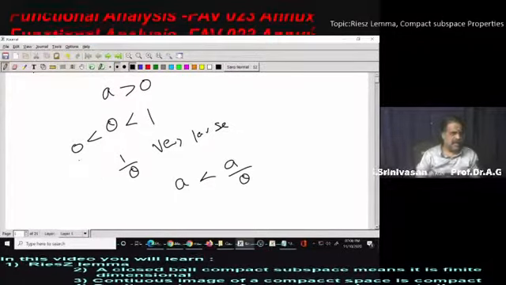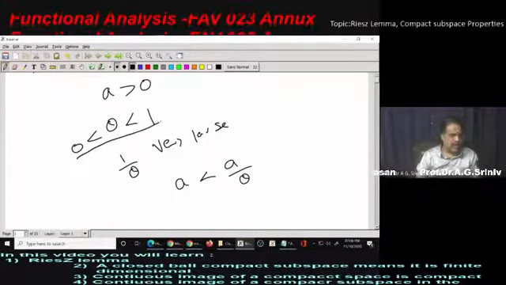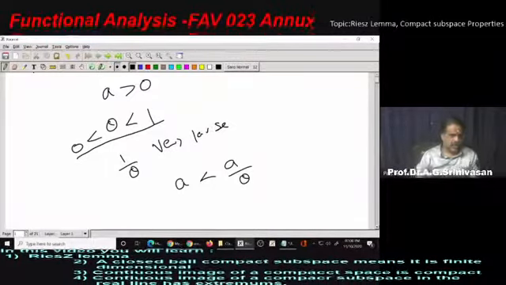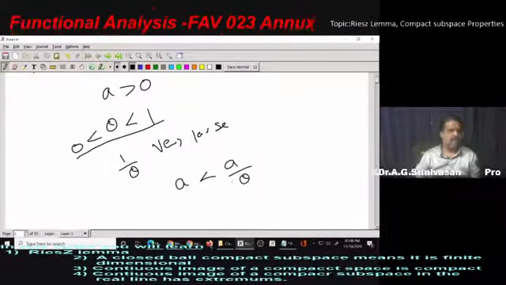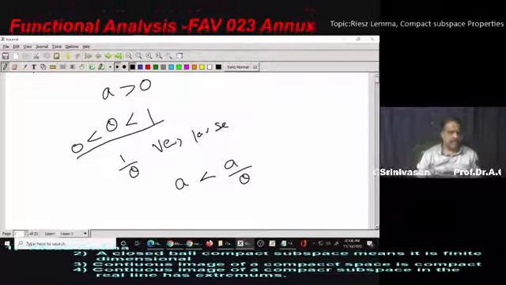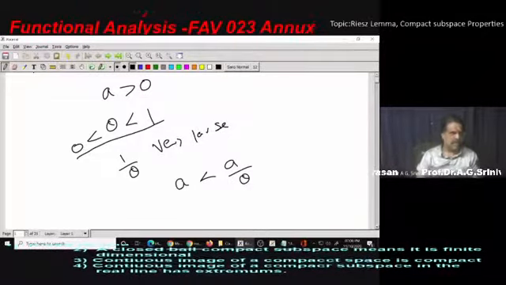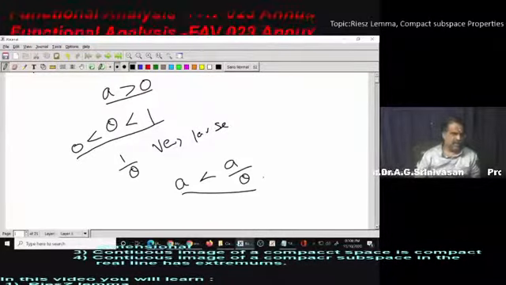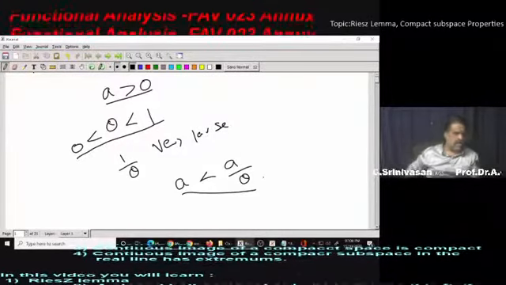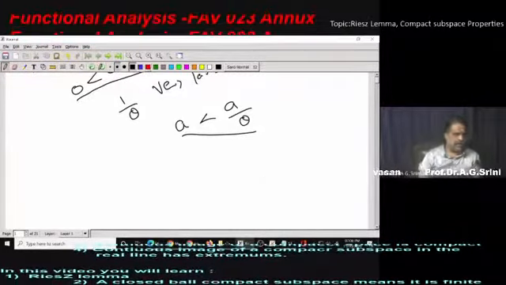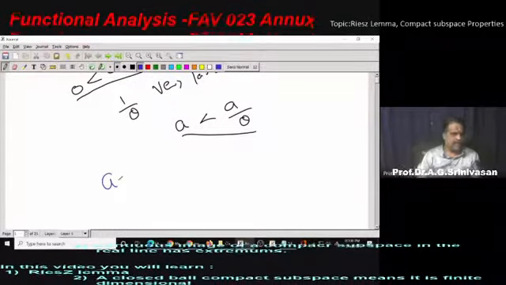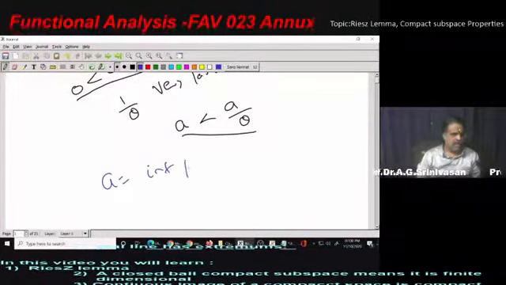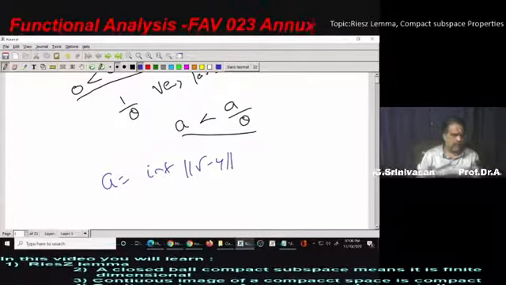Because theta lies between 0 and 1, a by theta is a multiple of a by a larger number. So for any positive real number a, a is less than a by theta. That's the first observation.